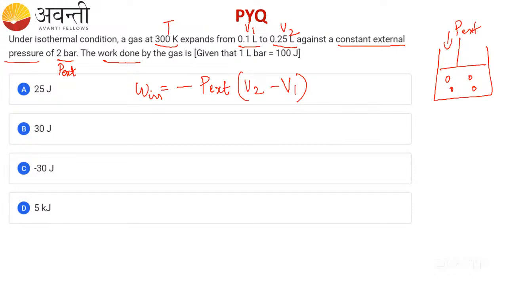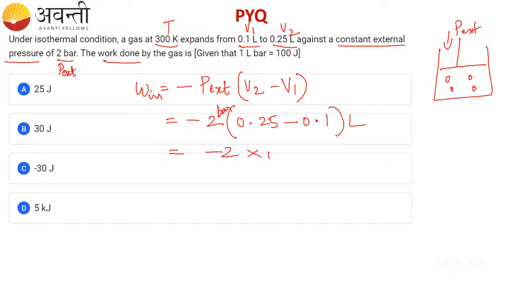Now substitute all the values. It is equal to minus the external pressure is 2 bar and the V2 value is 0.25 and the V1 value is 0.1 liter. And so here the pressure is given in terms of bar, right? So let me put that also, which will be equal to minus 2 into 0.25 minus 0.1. What is the value?